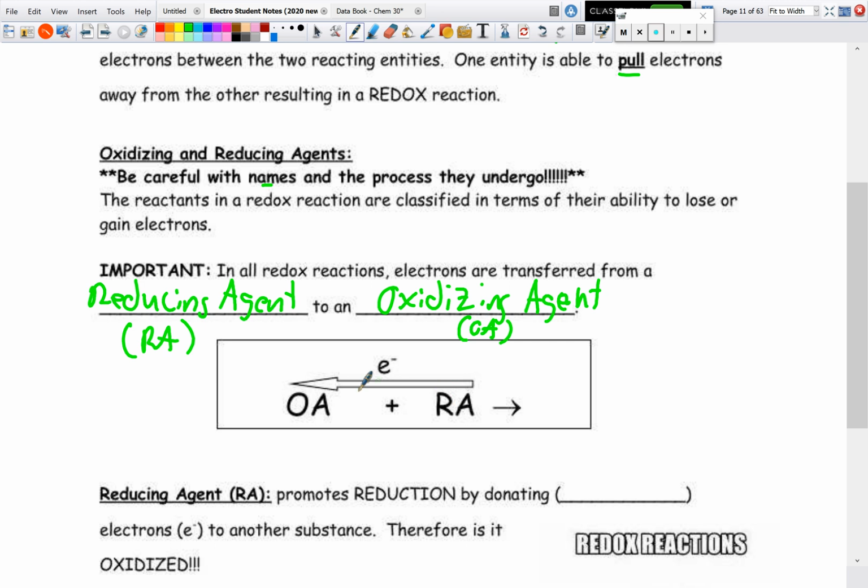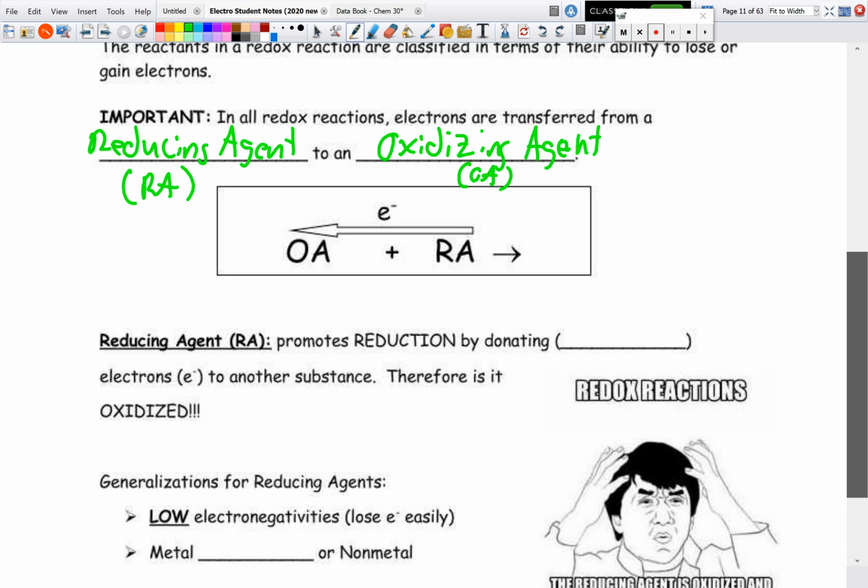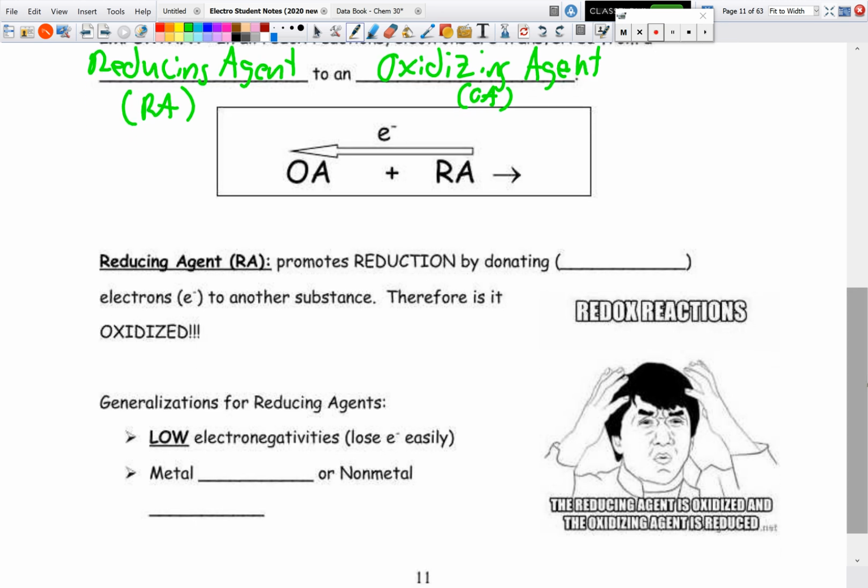So how they got their names: a reducing agent, or RA, promotes reduction. It does this by donating or losing electrons. So in other words, it's oxidized.